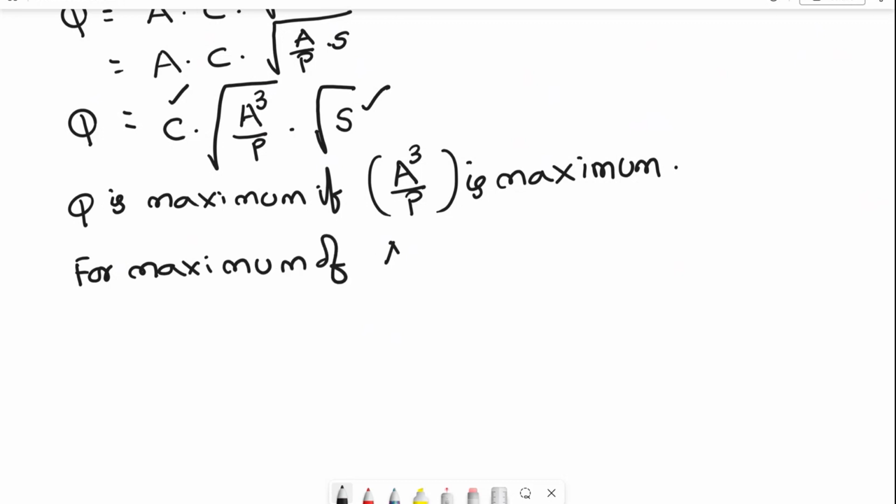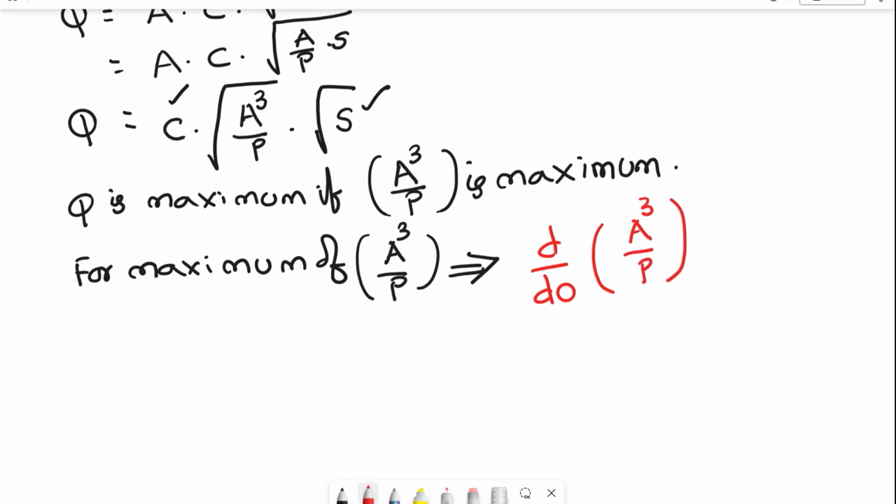Right? So then naturally, for maximum of A cube by P, what is the condition? What is the variable actually? The only variable is now theta. d by d theta of A cube by P is equal to 0. So if I do that, then what am I going to get?